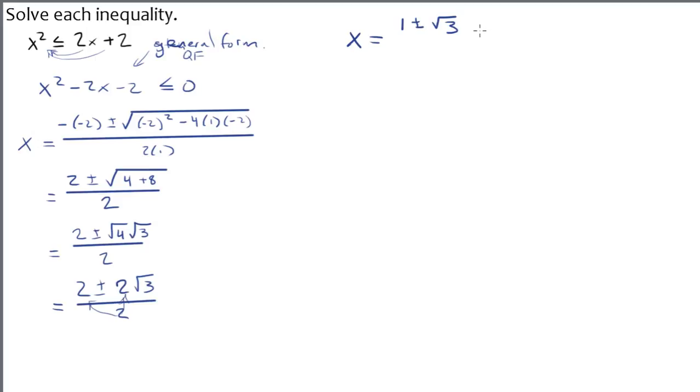We could probably use some help figuring out where that is. I don't know it off the top of my head. Let's take a look at the number line, because what we do is we find our zeros, then we test points. Let's see what's going on here. Well, I know this is going to be 1 plus the square root of 3, and over here this is going to be 1 minus the square root of 3.